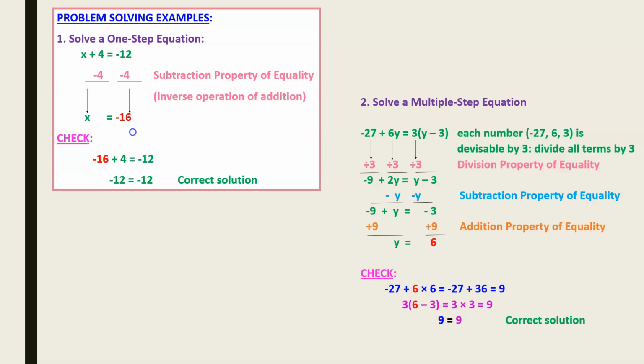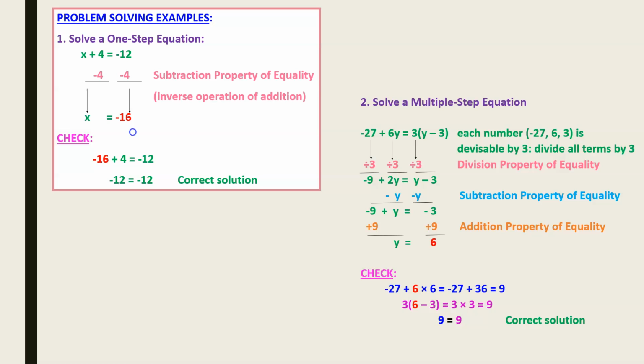Let's combine like terms. Let's bring both variables to the left side. We have positive y. To get rid of y on the right side, we have to subtract. If we subtract y on the right side, we have to perform the same operation on the left side. So we have to apply the subtraction property of equality.